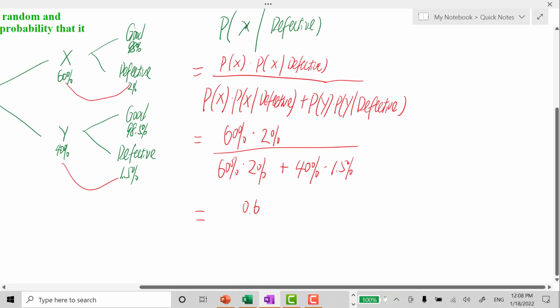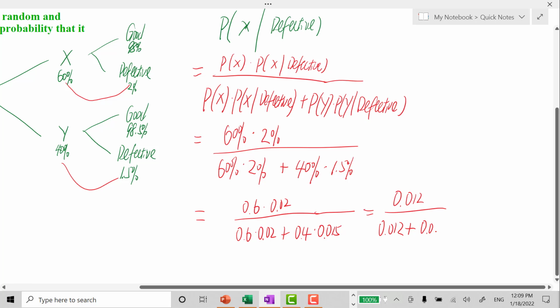So now this is 0.6 times 0.02 over 0.6 times 0.02 plus 0.4 times 0.015. The top is 0.012, and 0.4 times 0.015 is 0.006. Now if you simplify, it will be 0.012 over 0.018.